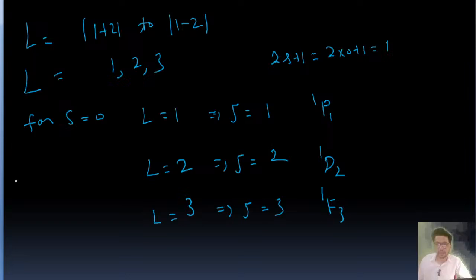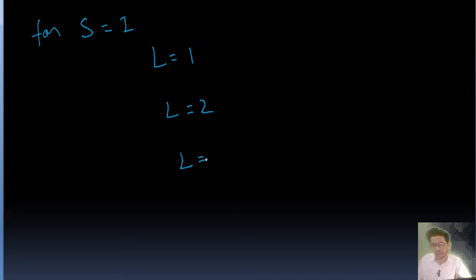Now for S equal to 1, let's calculate, right? For S equal to 1, L equal to 1, L equal to 2, and L equal to 3. For L equal to 1, the J values are 1 plus 1, 2, 1 minus 1, 0.